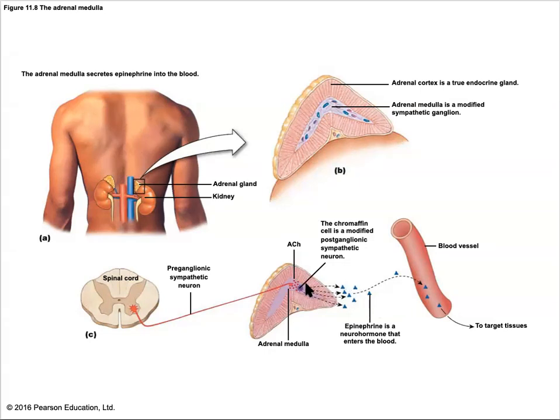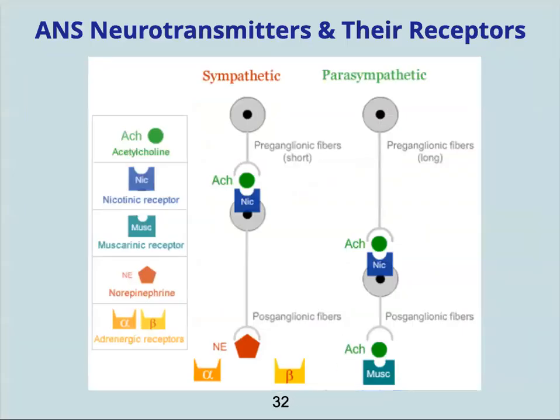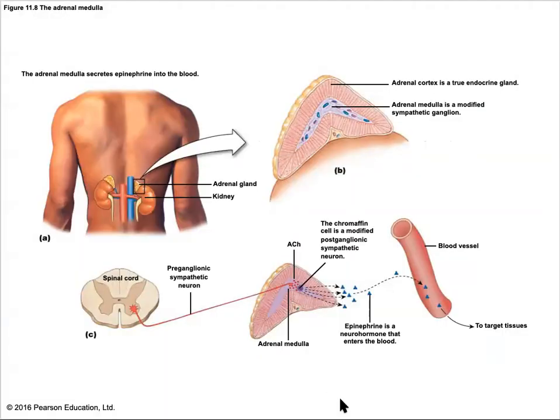Okay, and what we see is that these chromaffin cells, upon stimulation, will release epinephrine into the bloodstream. Okay, epinephrine, because it's released by these modified neuron cells, is a neurotransmitter, but because it is released into the blood, it's also considered a hormone, hence neurohormone.